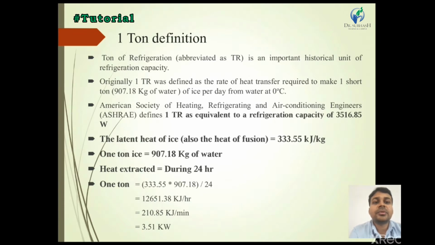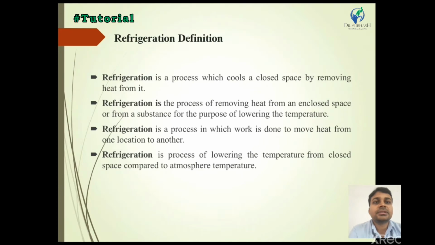Then we divide by 60 again to get kilojoules per second, so 3.51 kilowatts. That is, 1 ton is equal to 3.51 kilowatts, which is defined as the cooling capacity of a refrigeration or air conditioning system.